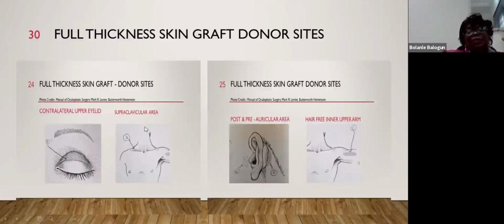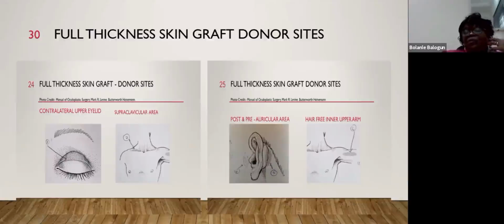Another position where you can get a graft from is the supraclavicular area. That's another area where you have good skin, similar to the color and texture of the eyelid skin. You can also take your graft from the post-auricular area. That's a hidden area, just like the supraclavicular area is hidden.